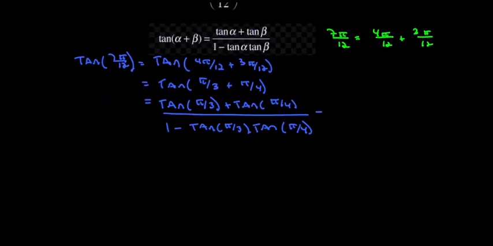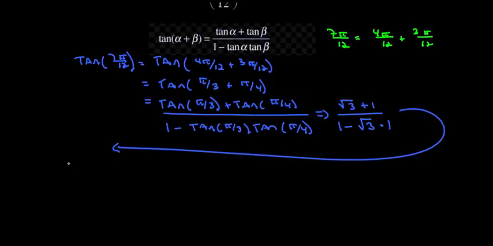Now if we go ahead and do our simplification here, the tangent at pi over 3 is the tangent at 60 degrees, which is just square root of 3. The tangent of pi over 4 is 1, and that's 1 minus the tangent at pi over 3, which is again the square root of 3, and the tangent of pi over 4 is 1.